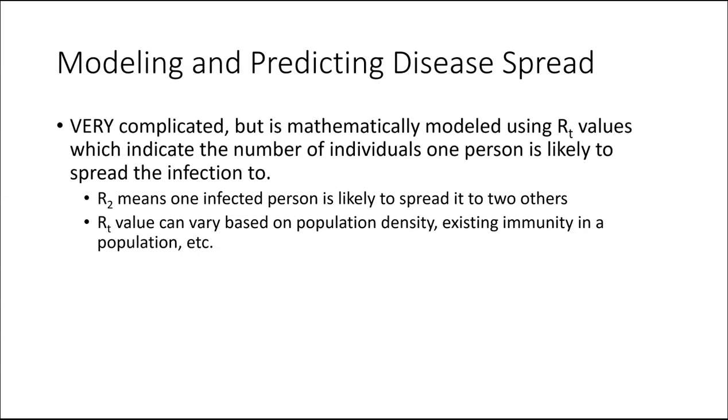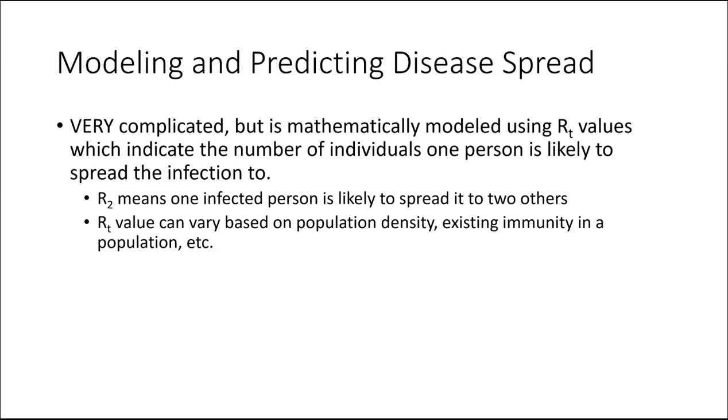But when they are trying to predict how quickly a virus or other disease agent might spread, they use mathematical modeling. And we actually know some of the math involved with it, although it's far more complicated than I'll show you guys here. But ultimately, it comes down to an R value. R value is almost like a rate, like we've used in population growth in the past, right?